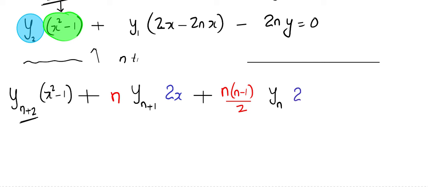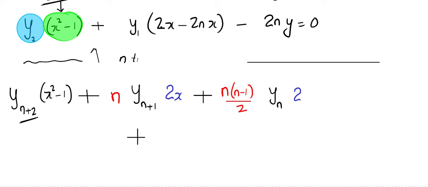In case you are not able to understand what I just did, I want you to pause the video right now and watch the previous videos. Because I have explained very clearly in the previous video how to apply Leibniz theorem to find the nth derivative. Anyway, that's it. We stopped here because the second term became a constant.